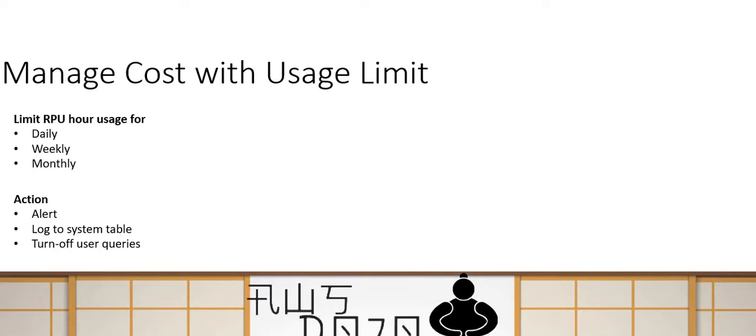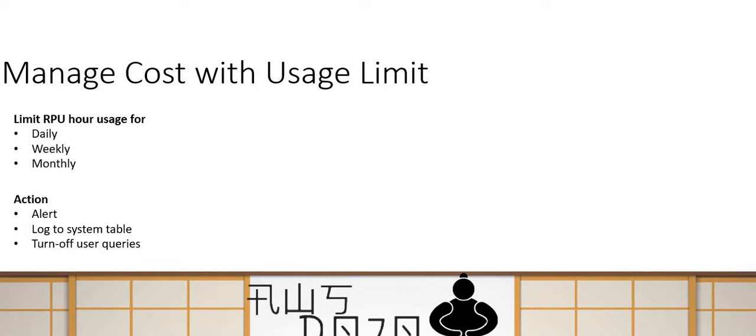And then if your RPU hour limit is hit, suppose you set a daily RPU hour of 100, and suppose your users run so many queries that you hit the limit of 100, then you can take one of three actions. You can either alert, so you can send an SNS notification to someone saying, hey, you have reached your RPU hour limit.